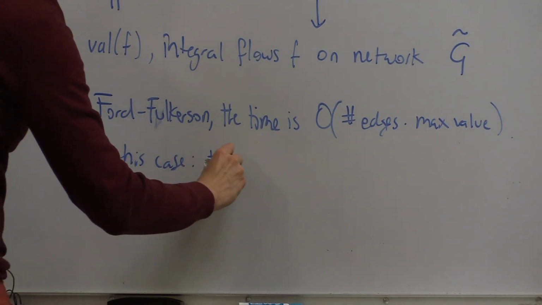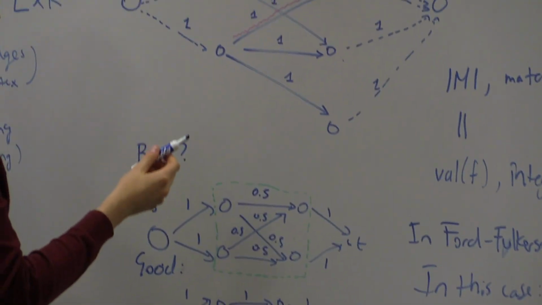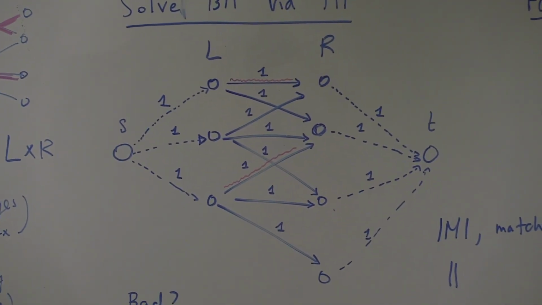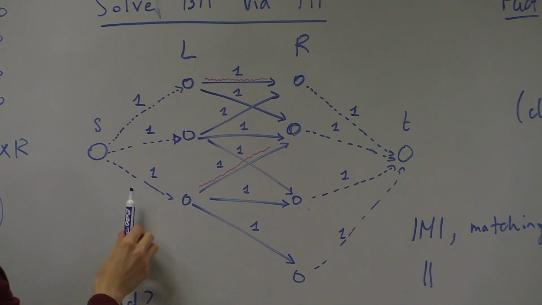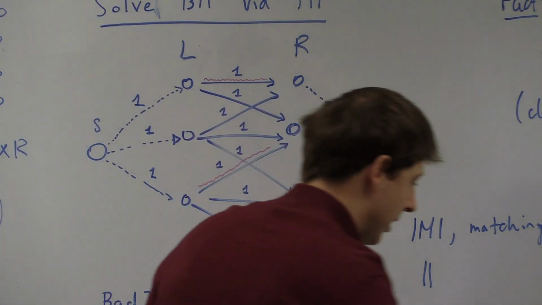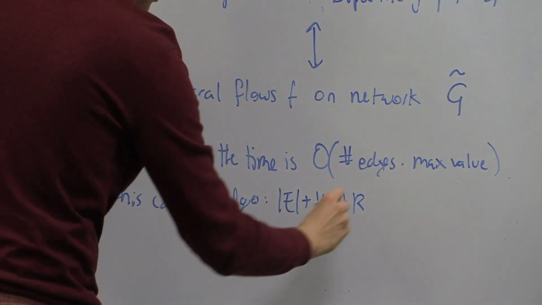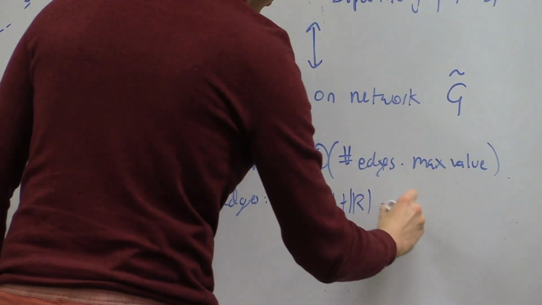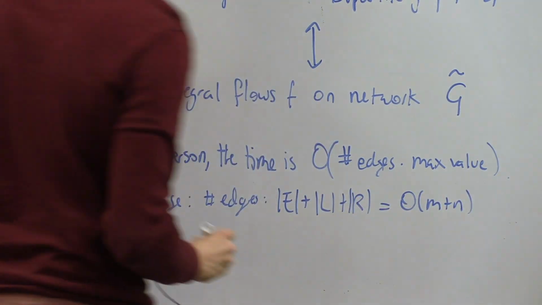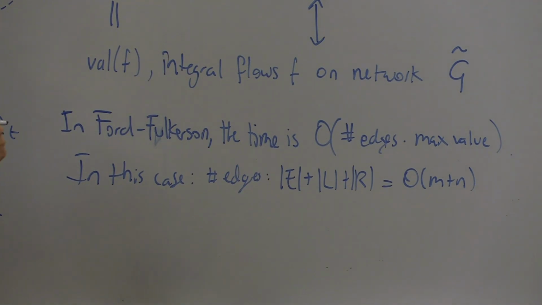the number of edges in the network is whatever we had before, which was E, the size of E, let's call it M, plus we added edges here and edges here, so it's like L plus R. So in our case, the number of edges is E plus L plus R, which you can think of as order of M plus N, where M is the number of edges in the bipartite graph and N is the number of total vertices.